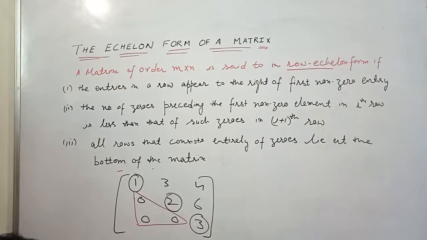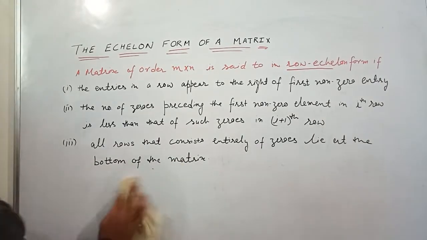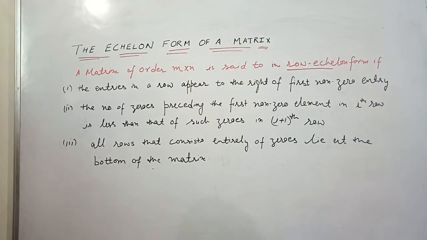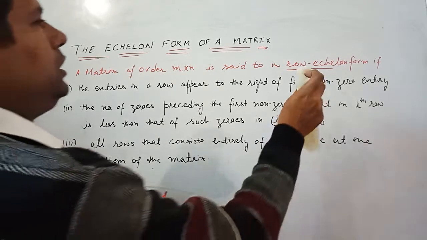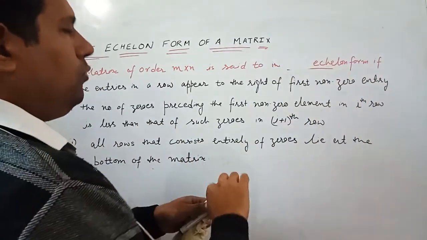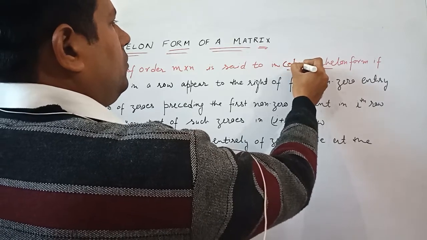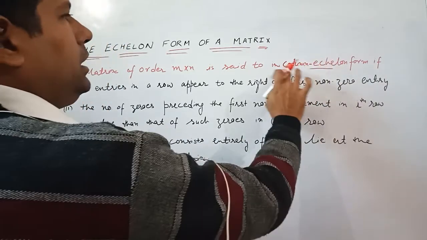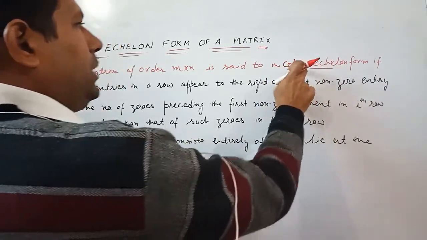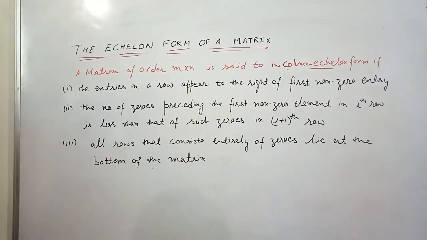Now column echelon form. In column echelon form, I am just going to replace row by column. In words, there is column, and if I replace this row by column, then we will see what will be the effect on this definition.